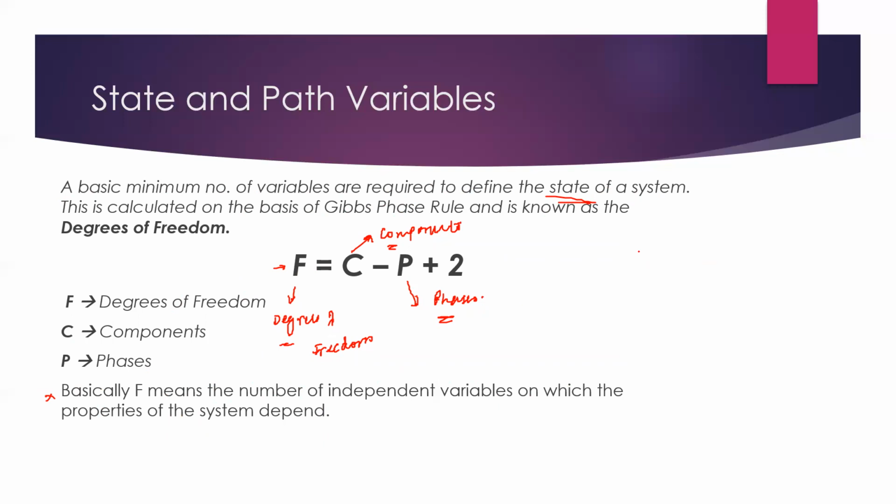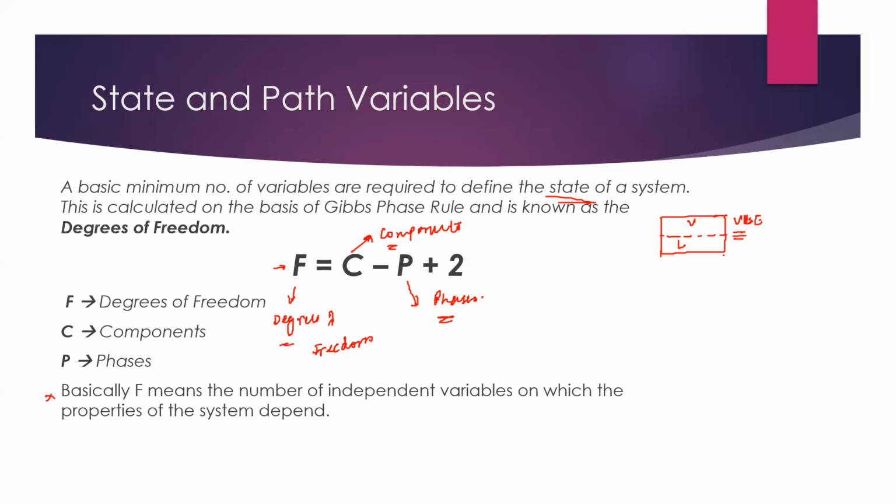So for example, let's say you have a system which is a mixture of liquid as well as vapor. There is vapor and liquid and both are in equilibrium, right? Vapor liquid equilibrium. We have discussed about this, VLE. We have discussed the basics of VLE, right?